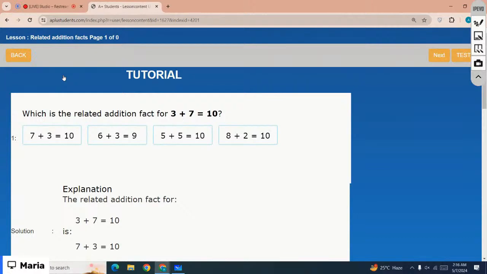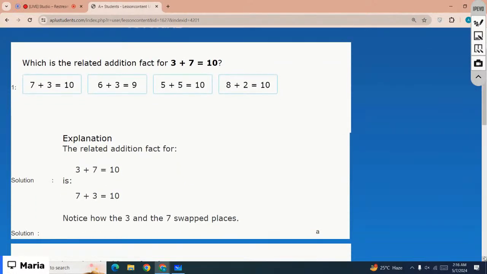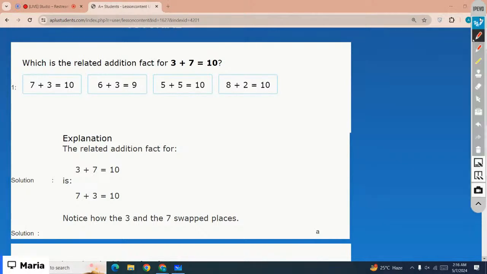Okay, which is the related addition fact for 3 plus 7 equals 10? So we are going to learn what the related addition facts are, right? The related addition fact to 3 plus 7 equals 10 is option number 1, 7 plus 3 equals 10, right?